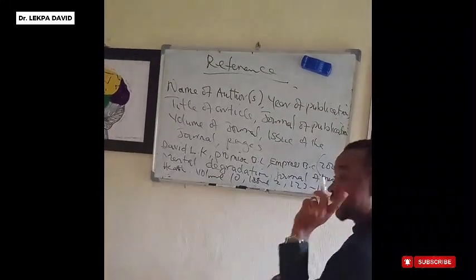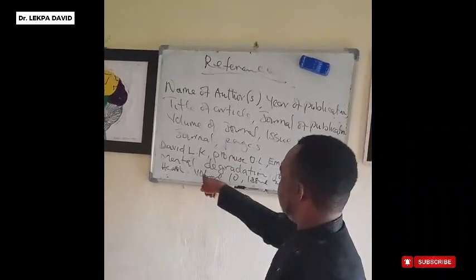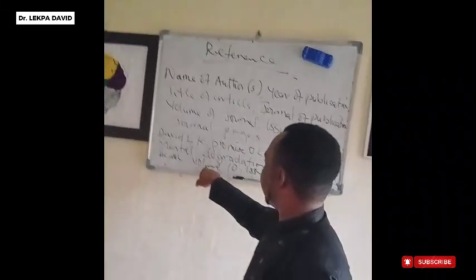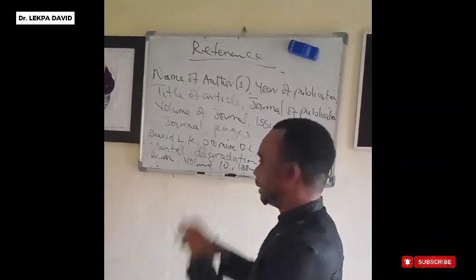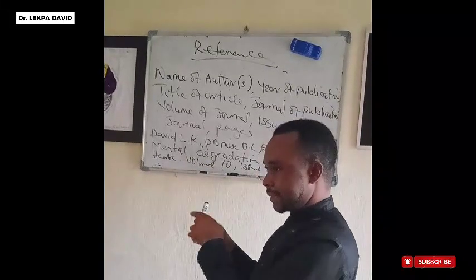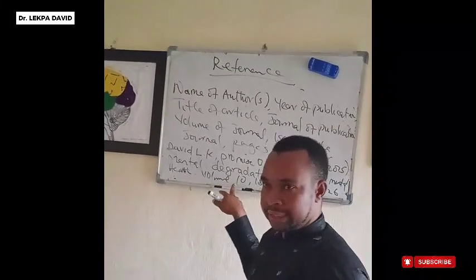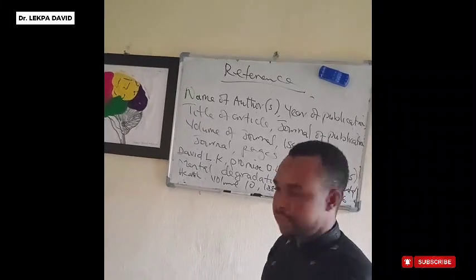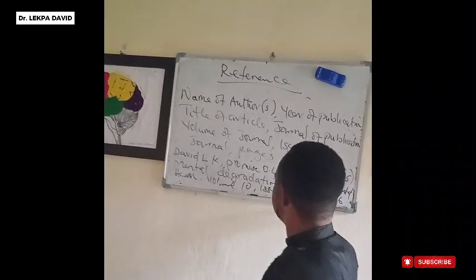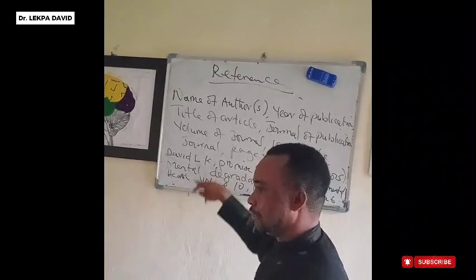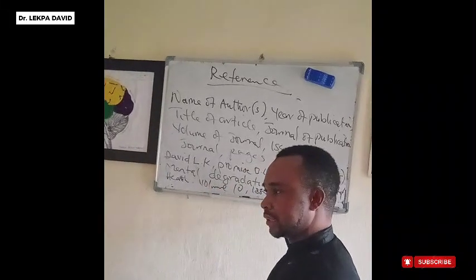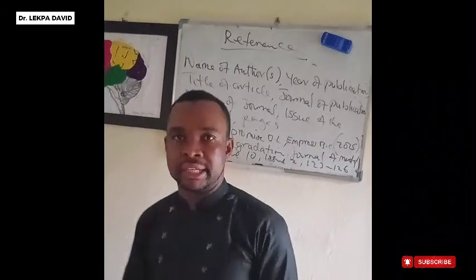Full stop. Now remember too, sometimes you may not write volume 10 issue, you just see 10, brackets 2. That is what they mean without the name issue. But I'm writing it down for the sake of learning, so that you can be able to see how it is done. So if your references do not contain all this, it means that it is not complete.